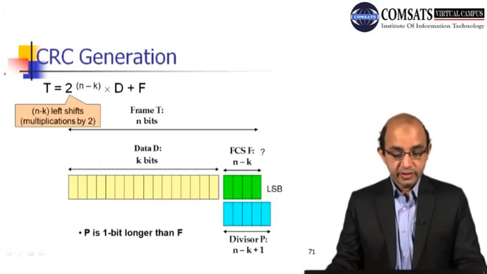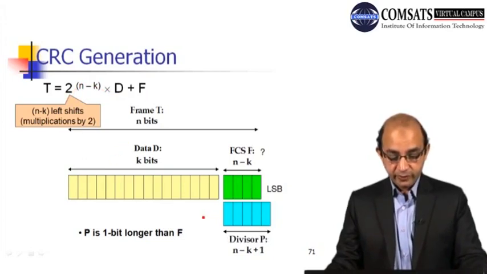So CRC generation, T is equal to 2 raised to the power n minus k into D plus F, right? So here we have mentioned the divisor.